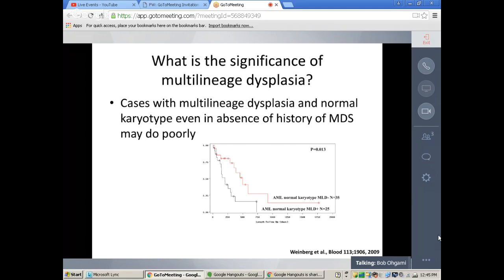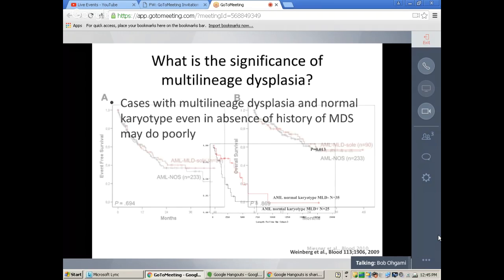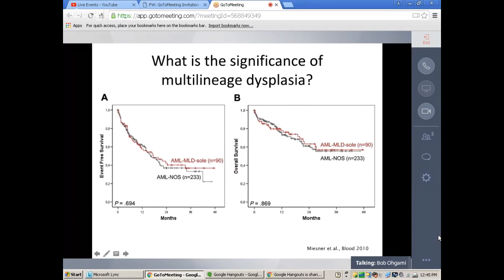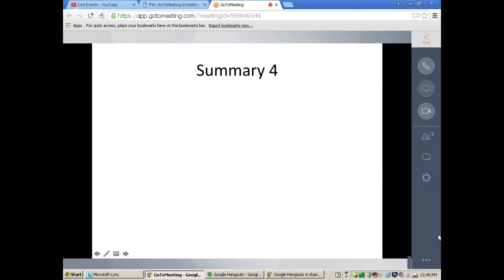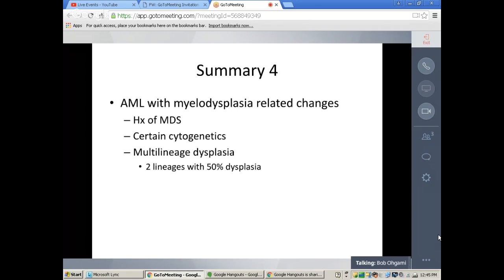So your genetics are not remarkable, you have a lot of morphologic dysplasia, then maybe it's worse for you. There have been subsequent papers, several that have come out, that say that basically multilineage dysplasia in the setting of understanding genetics has absolutely no impact on patient outcomes. So that remains to be delineated further, but it appears that morphology is starting to become less important as genetics starts to emerge.